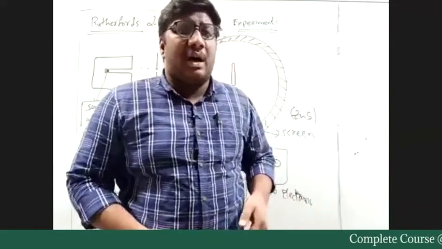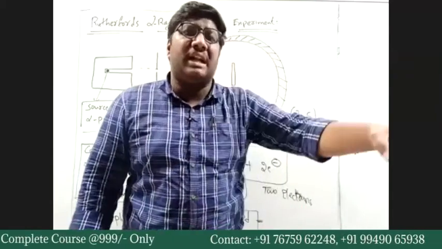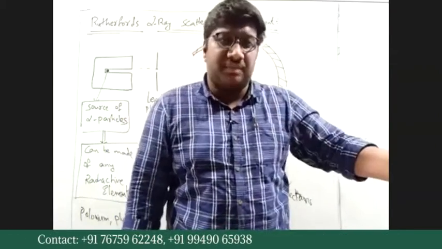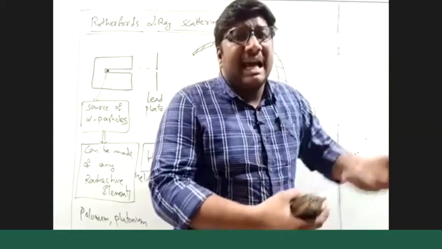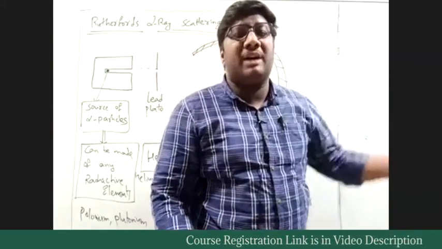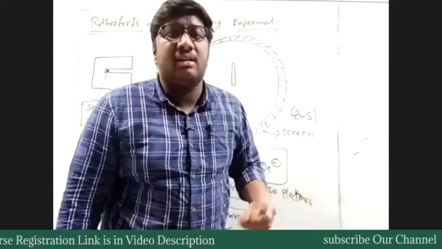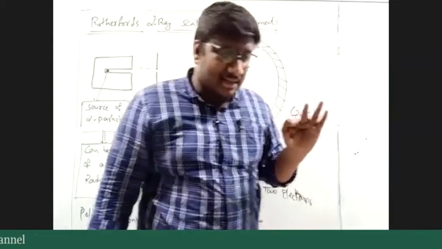For your movement, I can just give you a break, but for the movement of an electron, I need to give energy. So if I give energy to a particular metal, the metal has bound electrons. That electron which is bound to the metal can come out of that surface. Are you understanding this or not? First understand this.